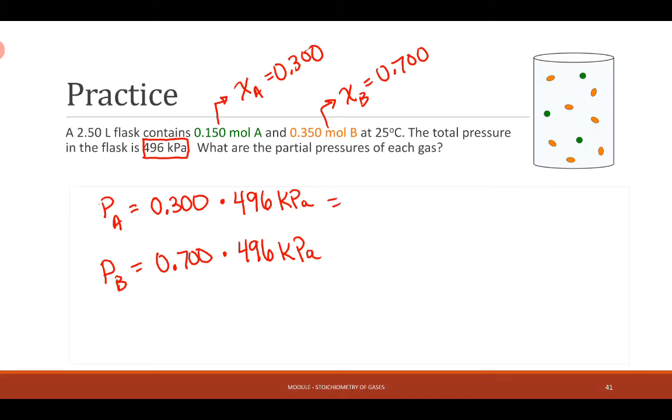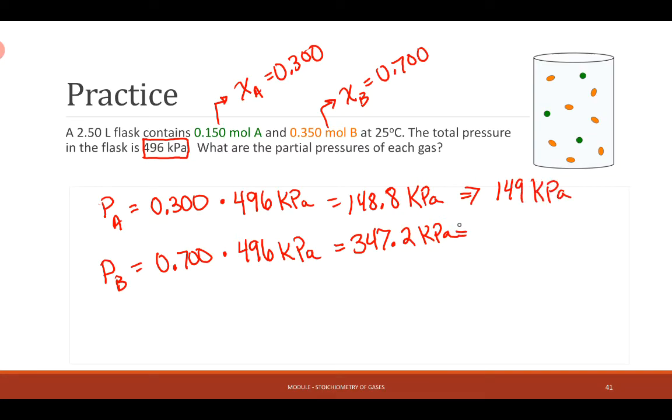So 0.3 times 496 is 148.8 kilopascals. 0.7 times 496 is equal to 347.2 kilopascals. I need just 3 significant figures on each of these, so I'm going to round that to 149 kilopascals, and I'm going to round this to 347 kilopascals. And that gives me my partial pressures of each gas.